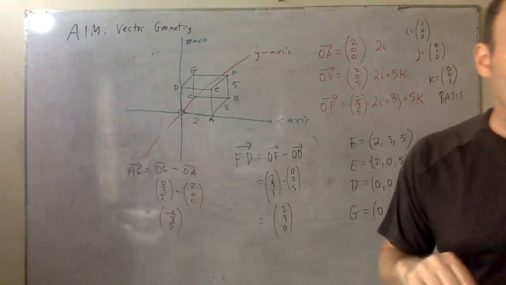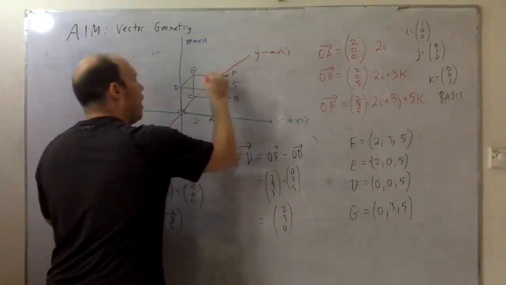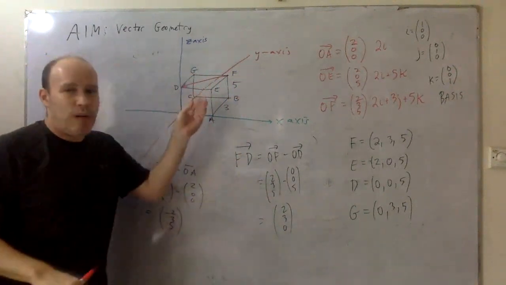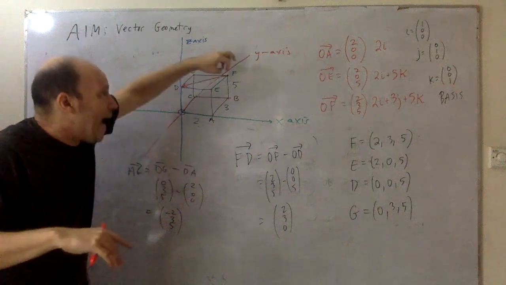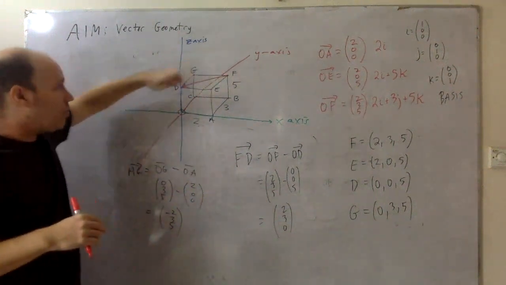So let's see, along the top, FD. If we don't have the math, how do we literally, as an ant walking along the box, get there? Well, I have to walk forward 3.